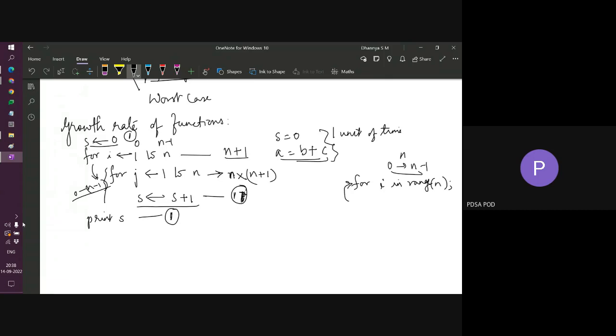You will find that once it reaches here, it again goes here, increments to n, and realizes that it is not in what is mentioned in the range, and hence it comes out. So this for loop gets executed for 0 to n minus 1, as you think, and one more time before it realizes that it is not within the range, and then it exits.